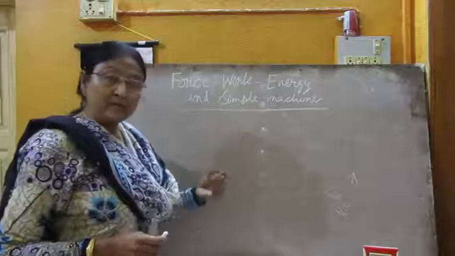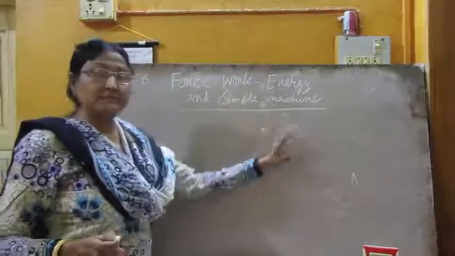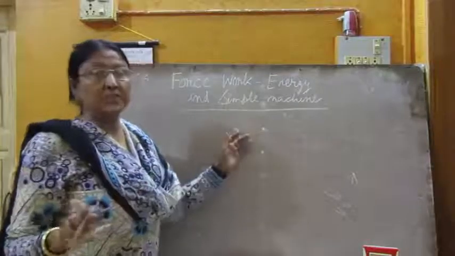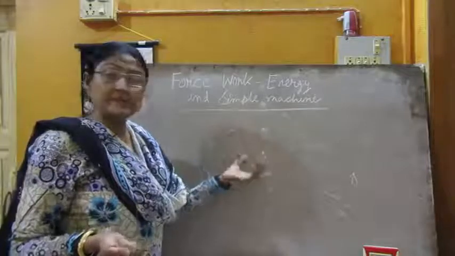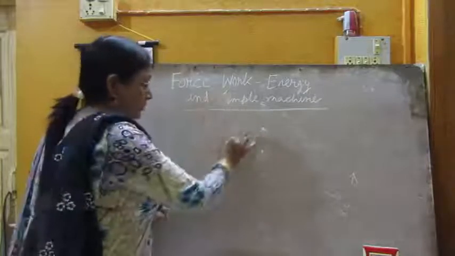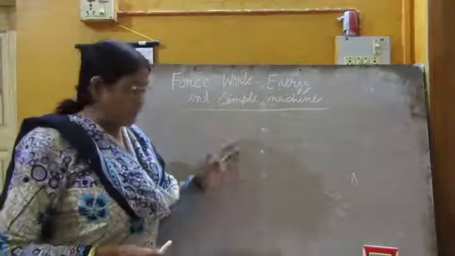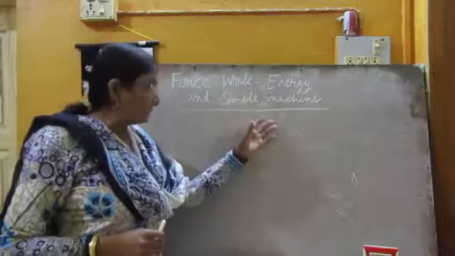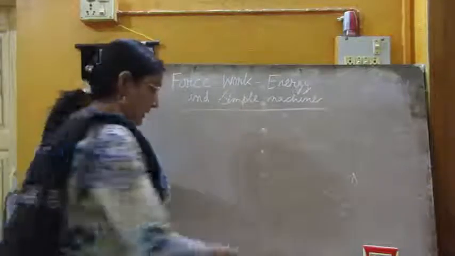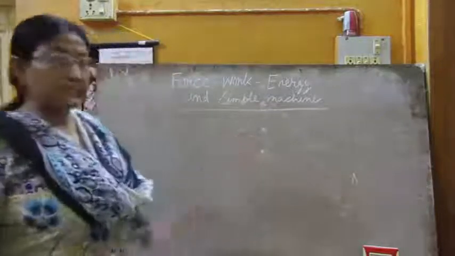No. Why? Because in the white board the surface is very smooth, so there is very little friction, and since the friction is very little, we cannot write with this chalk. So frictional force helps us to write on the board. Many examples are there.